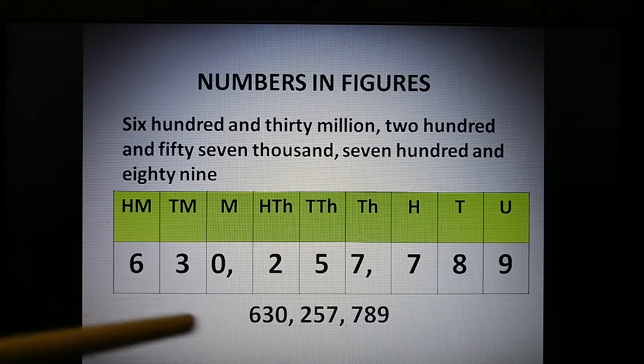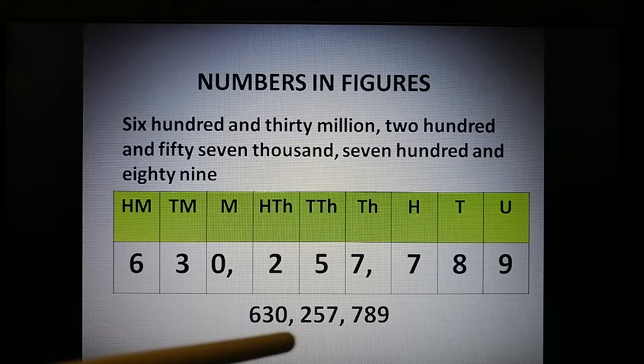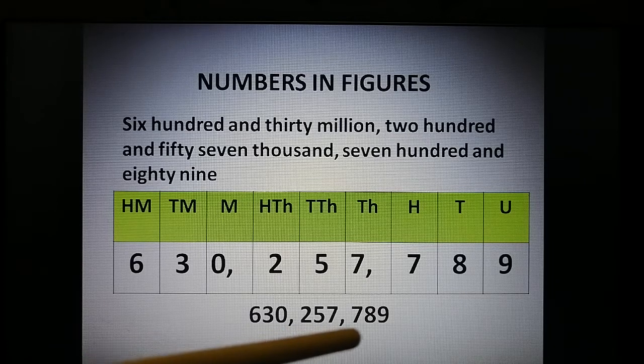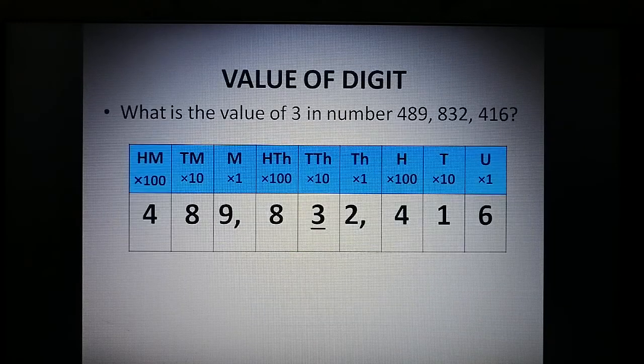Then 789. So again, 630 comma space means million, 257 comma space for thousand, and 789. So this is very easy, to write any number in digits or in figures.